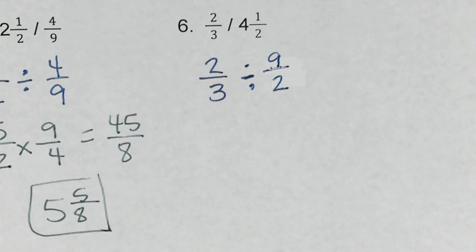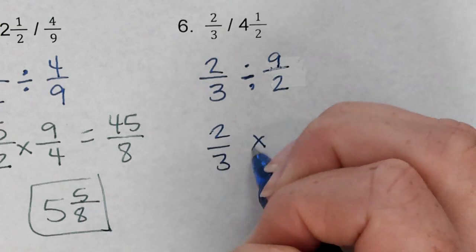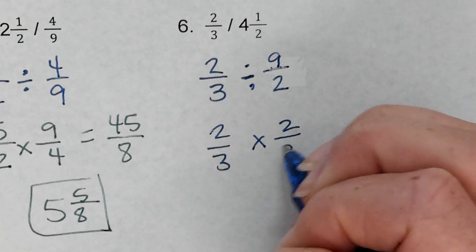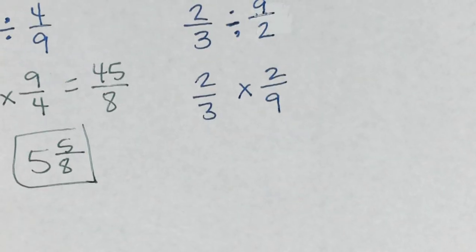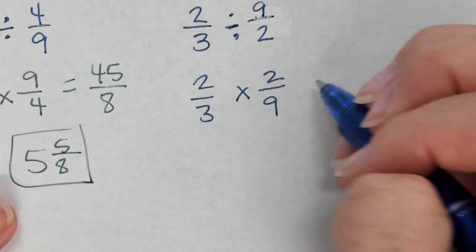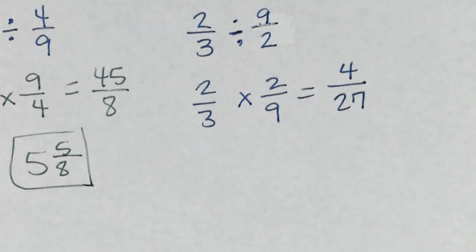Yes. Okay, go to step 2. Keep, change, flip. And then multiply straight across. Can that be simplified? No.